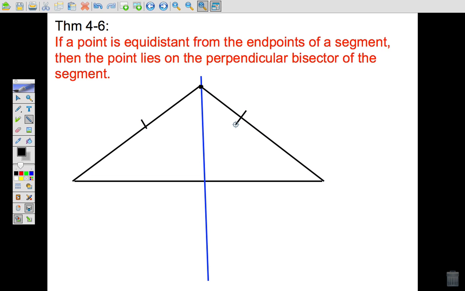So I do know that those lengths right there are equal. Well, if that happens, then that blue segment has to be perpendicular to the black segment, and it has to hit that black segment at its midpoint. So it's the converse of Theorem 4.5.